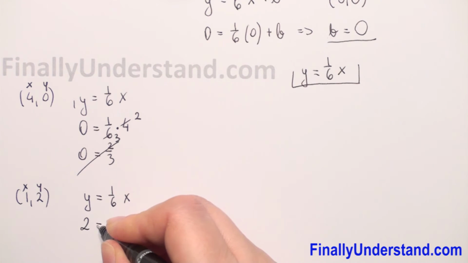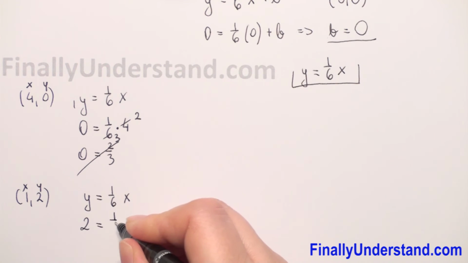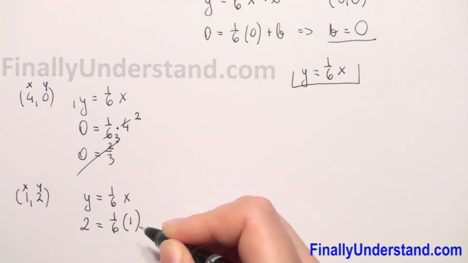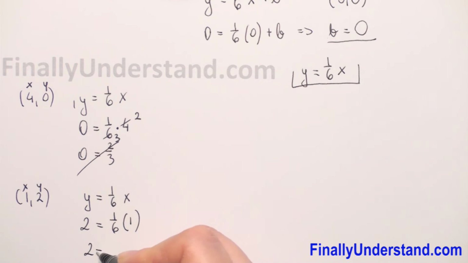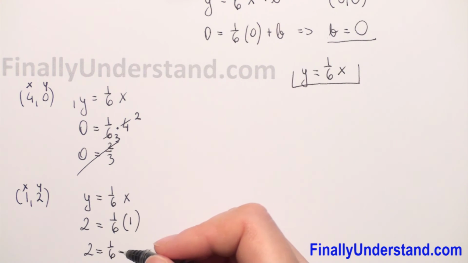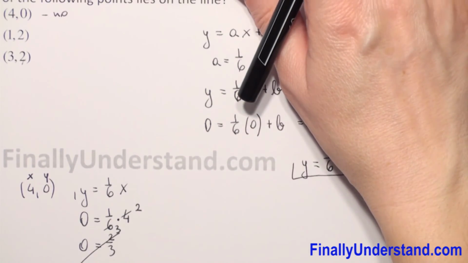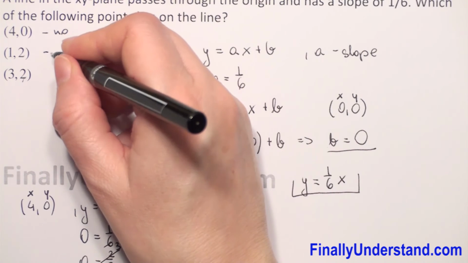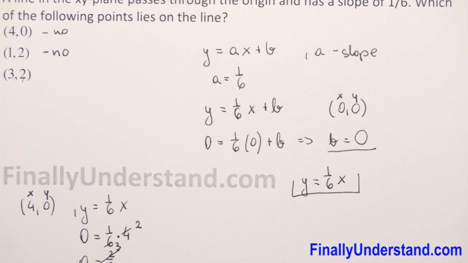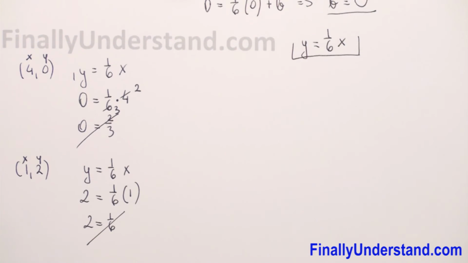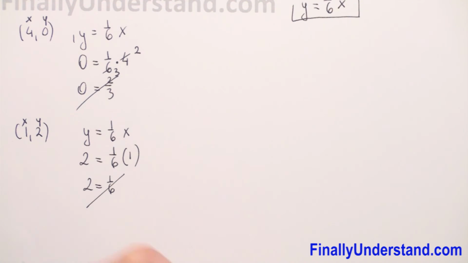So we have 2 equals 1/6 times 1, and 1/6 times 1 is 1/6. 2 is equal to 1/6? No. So we see that the second point also doesn't belong to our line.